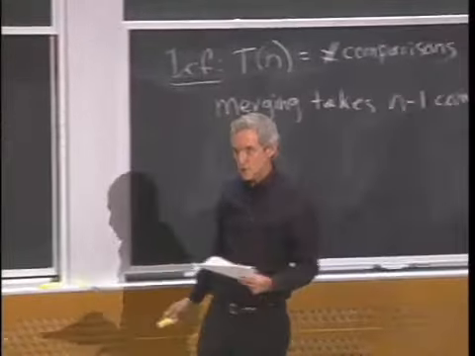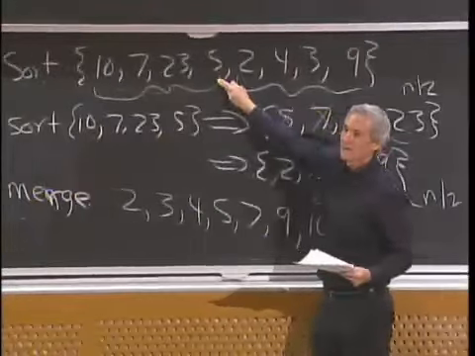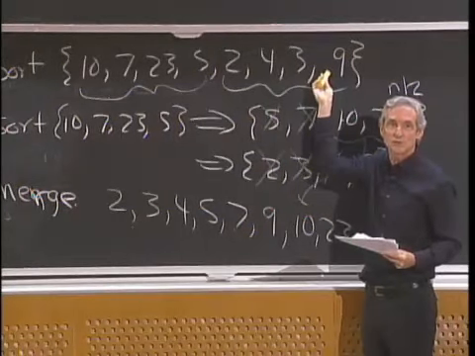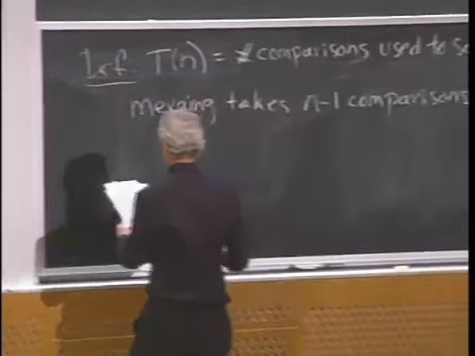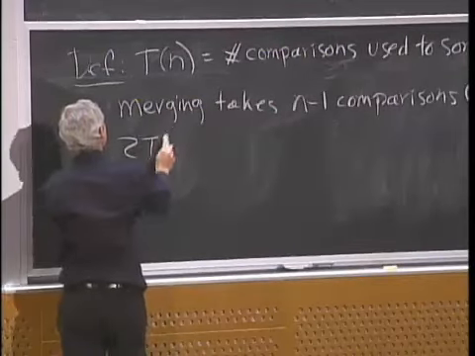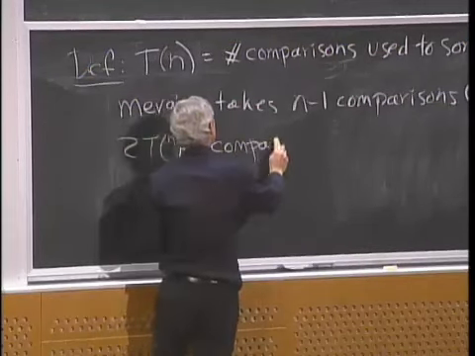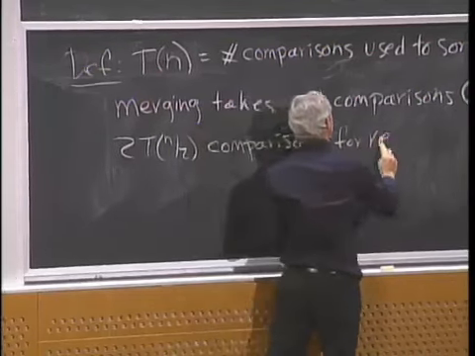T of n over 2 to do this list, times 2, because you've got two lists of size n over 2, two subproblems of size n over 2. Each takes t of n over 2. So you've got two t of n over 2 comparisons for the recursive sorting.